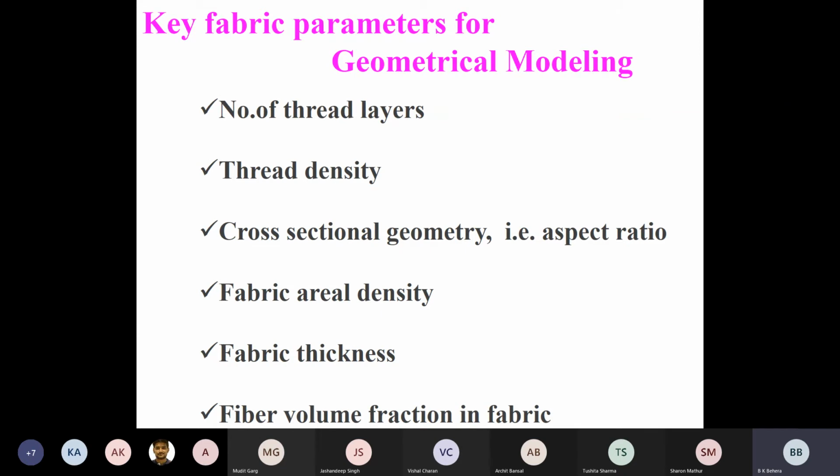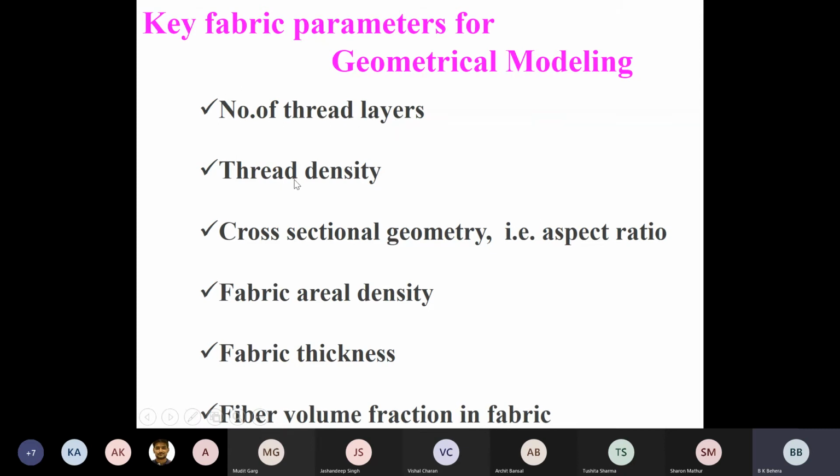In all these structures, what are the key fabric parameters? Number of thread layers, thread density. When I am saying thread density, you have to be very careful. It's related to the number of thread layers; for example, say it is a 5-layer fabric.